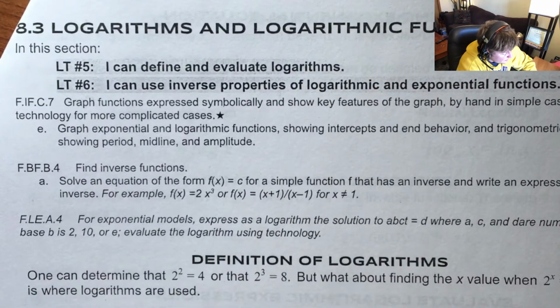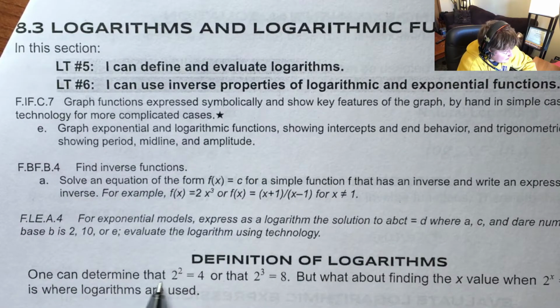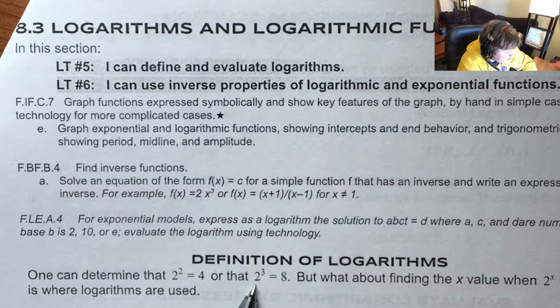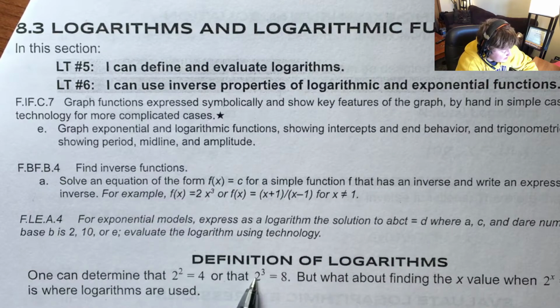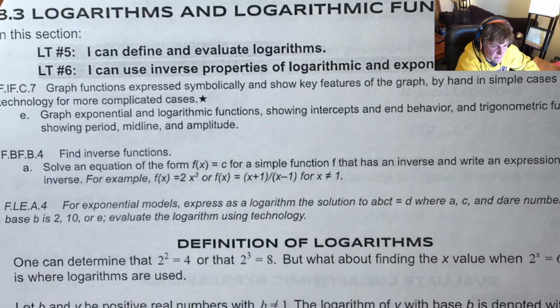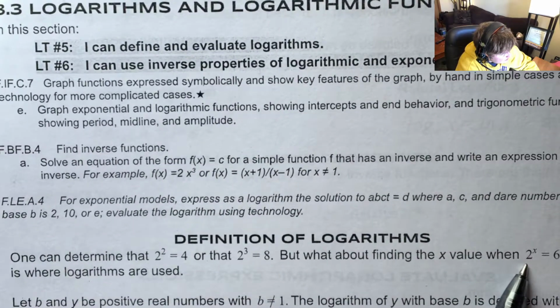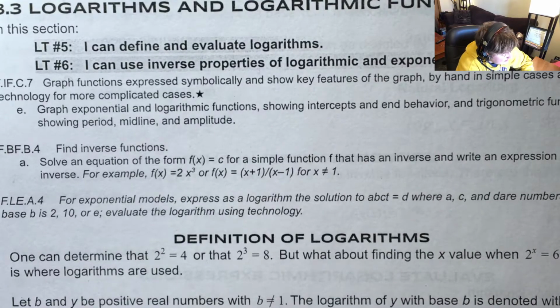One thing we want to think about is that we can determine that 2 to the second power is 4, or that 2 to the third power is 8, because 2 times 2 is 4, and 2 times 2 times 2 is 8. But what about when we're trying to evaluate 2 to the x power is 6?